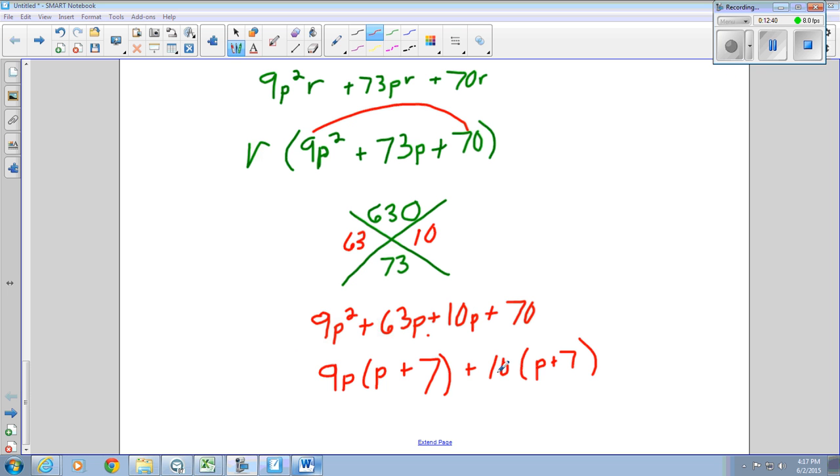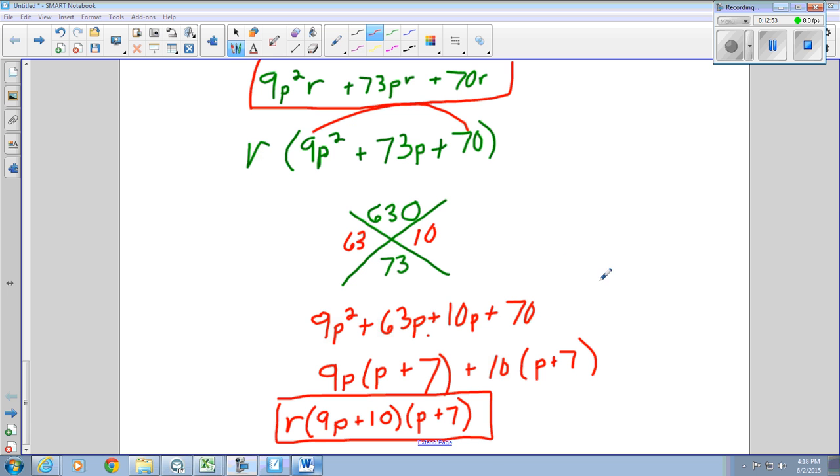We're left with this. And finally, our completely factored form of this equation is r times the quantity 9p plus 10 times p plus 7.